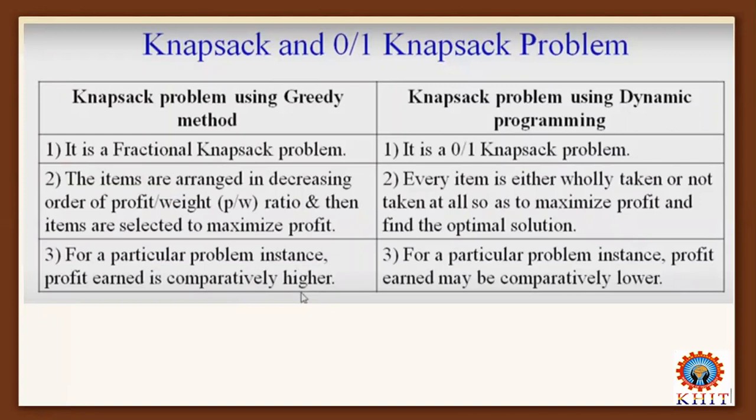While solving the fractional knapsack problem using greedy, we follow this strategy: arrange the items in decreasing order of their profit by weight, that is the P by W ratio, and then select items to maximize the profit.